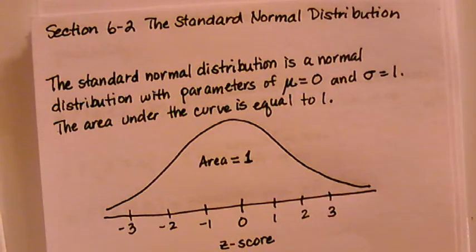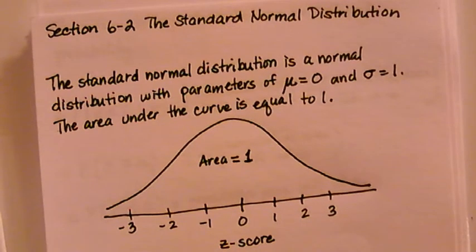Now, in all cases when we're using the standard normal distribution to find the area, it's not going to be easy to do manually. However, we have to use one of two things.